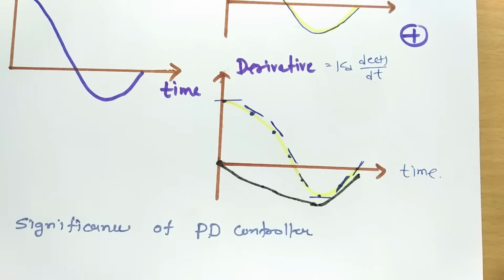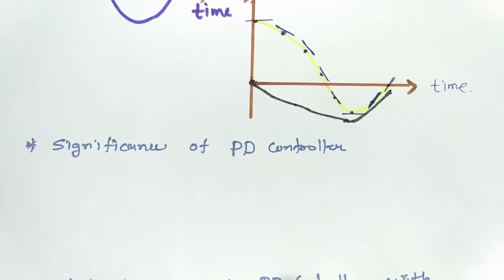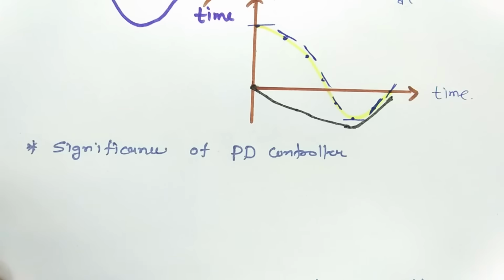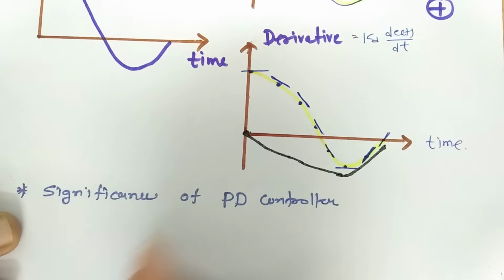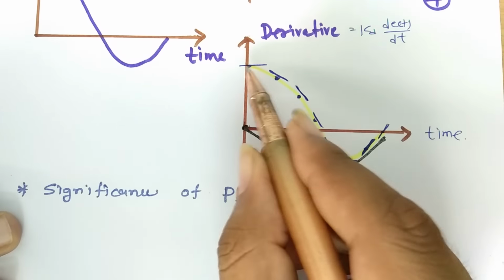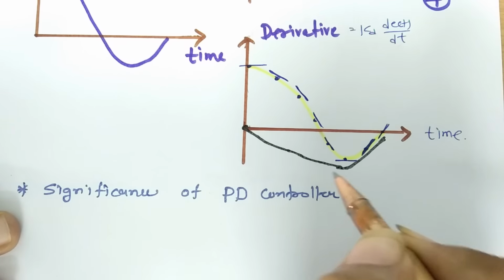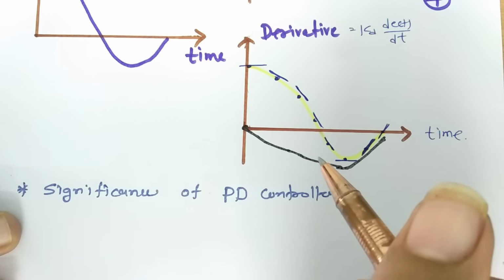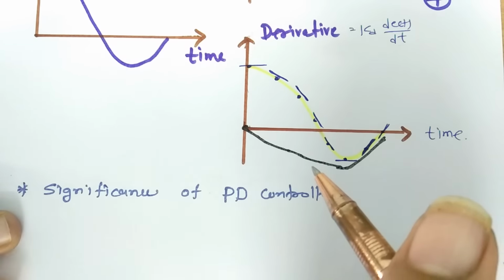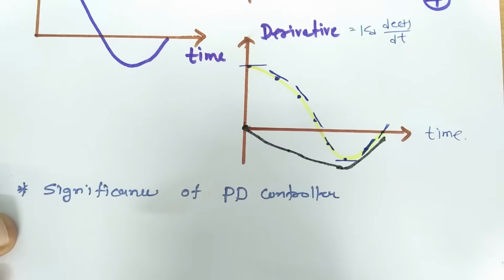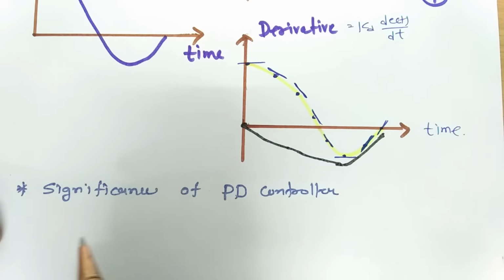Now what is the significance of the PD controller? Here I'll explain the basic significance of the derivative controller. One can clearly see the derivative controller accelerates the output as the error is accelerating. The signal is getting accelerated as the error is getting accelerated. The derivative controller has that significance, which explains what the output should be: it is accelerated based on the acceleration of error.